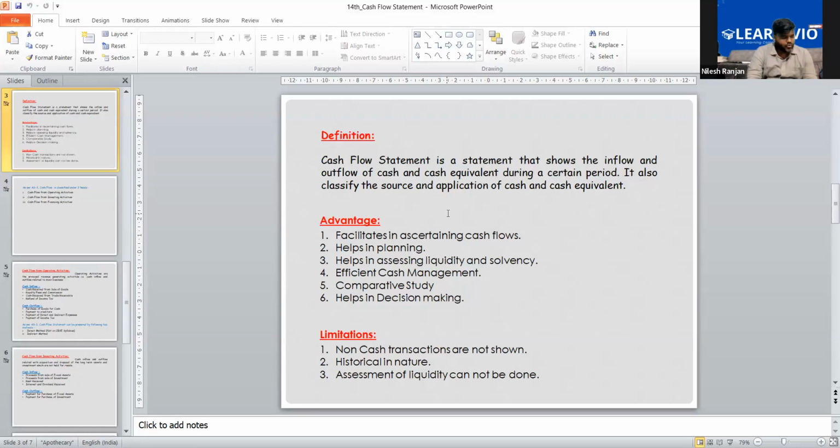Okay, who has already studied the cash flow statement in school or somewhere else? I have. Okay. So you have not understood the solutions or the theory you have studied?